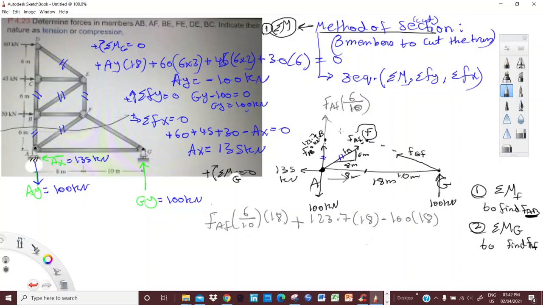That's it. So you have one force, two forces, three forces right now.